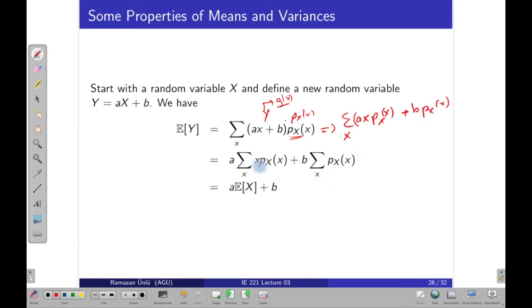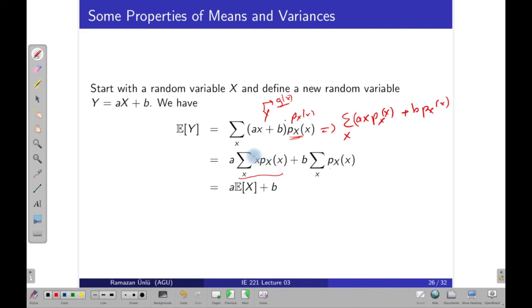Then, because a and b are constant values, they can go outside the summation. So this part is a times the summation of x times pmf of x, plus b times the summation of the pmf of x.